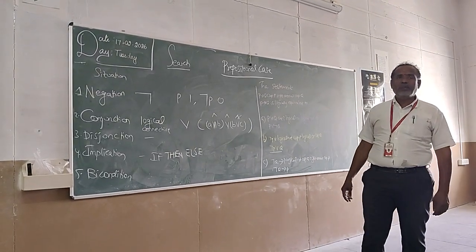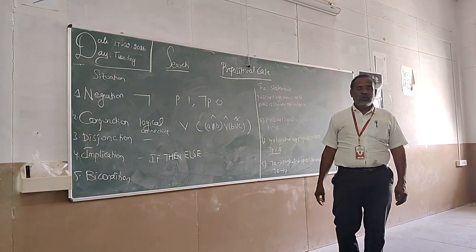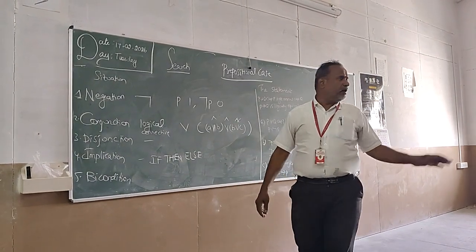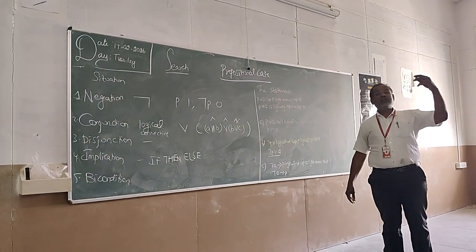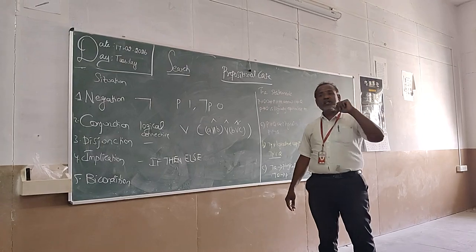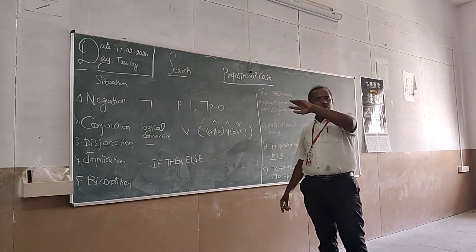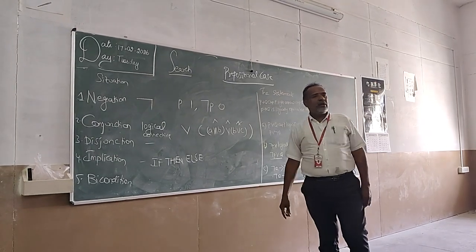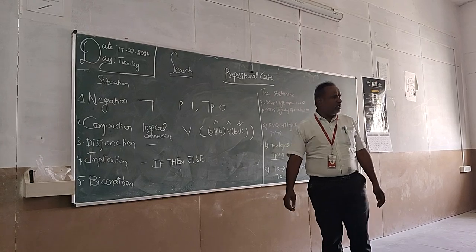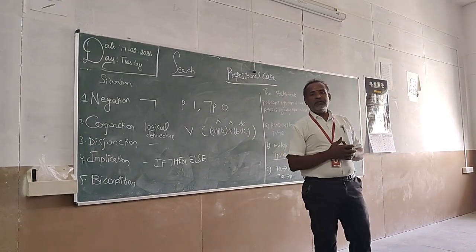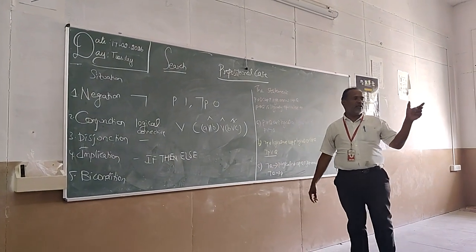Similarly, P or negation Q: when the value of P is 1 and Q is 0, the result is 1. It is connected with R. So 0, 1, 1; 1, 0, 1. So it will always be true. Already we know in knowledge-based representation, when a statement is true for all conditions and connectives, it is called a tautology.